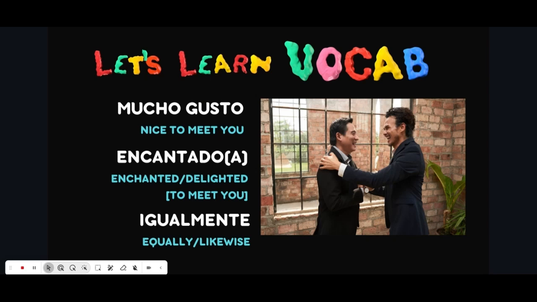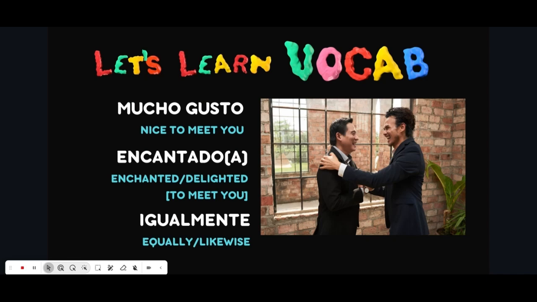Mucho gusto. Mucho gusto means nice to meet you. Technical translation is like much pleasure, right? Nice to meet you. Mucho gusto. Encantado or encantada, depending on if you are feminine or masculine, right? So enchanted, delighted to meet you. That's a good response when you meet someone.